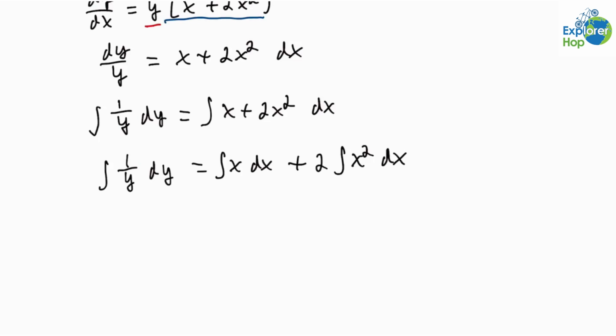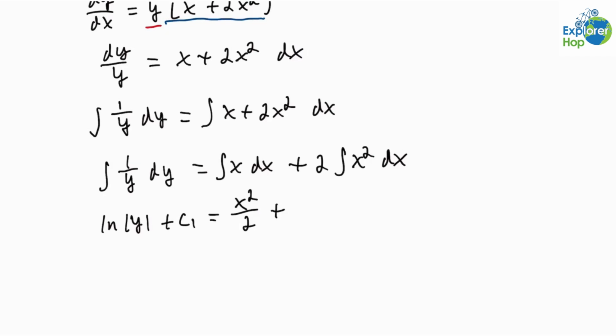Taking the antiderivative of each term, we get that ln of the absolute value of y plus some constant c1 is equal to x squared over 2 plus 2 times x cubed over 3 plus some constant c2.